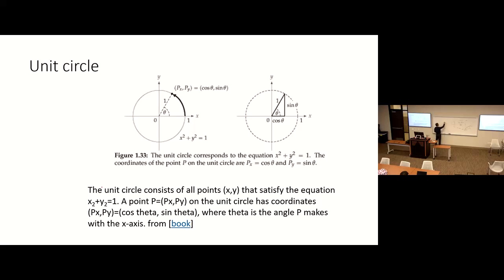And this one is 0, 1. For these two vectors, you know their norm is 1.